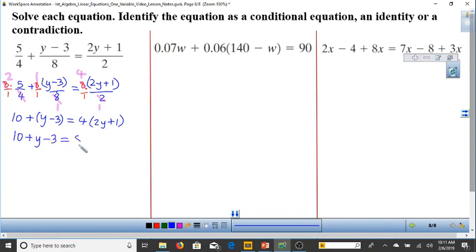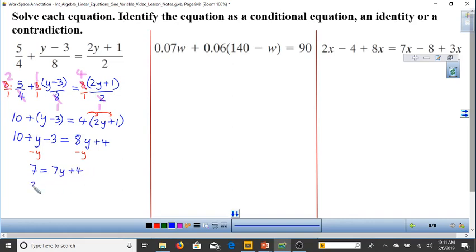And in this case, we're distributing the 4 to each term. When we do that, we end up with 10 minus 3 is 7. And we're going to subtract y from both sides. So when I subtract y from both sides, I get 7 is equal to 7y plus 4.